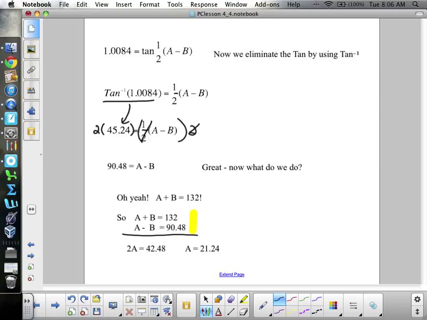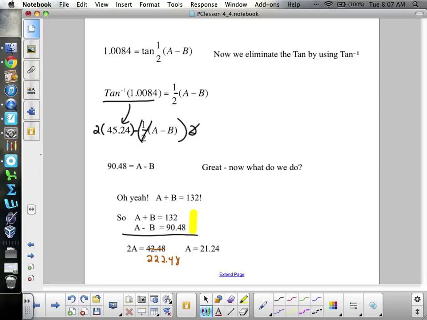What in the world did I do there? Oh. That's interesting. 2a would be 222.48. Which, if we rotate that back between 0 and 180, would be 42.48, right?